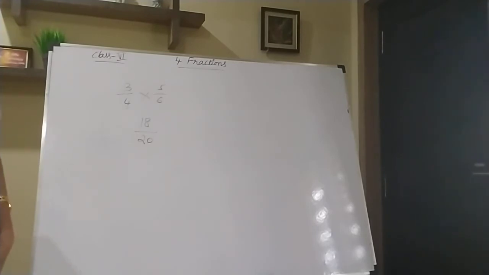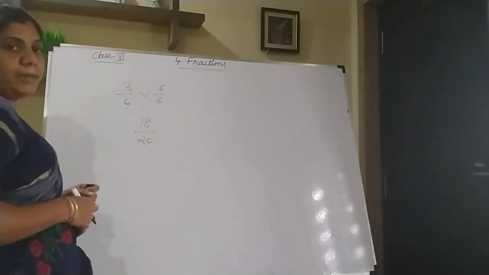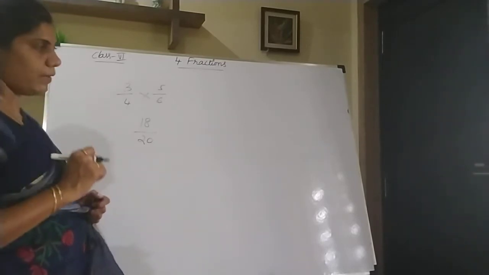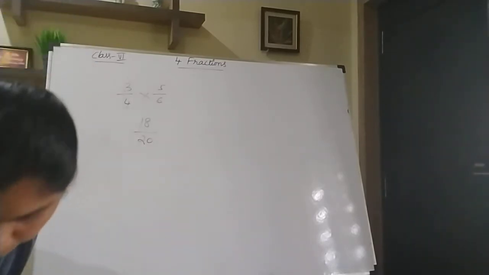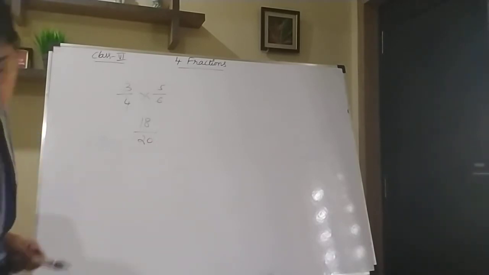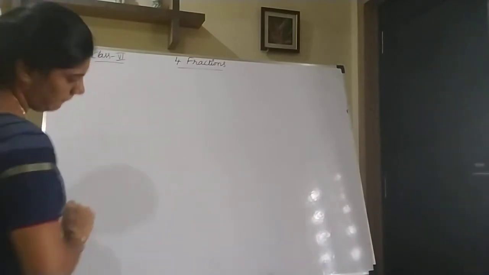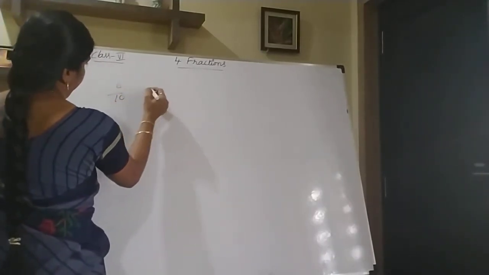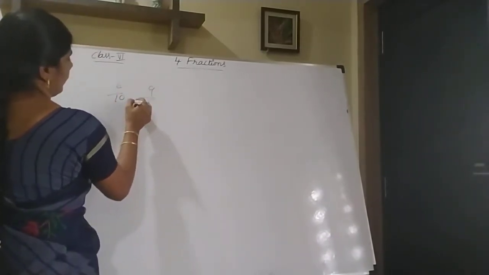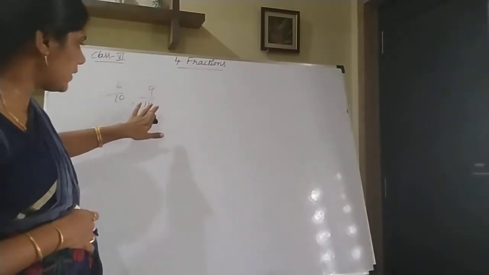So if you get these two the same, then only the given fractions are equivalent fractions. So before the next example, they are not equivalent. Now we will see this one.